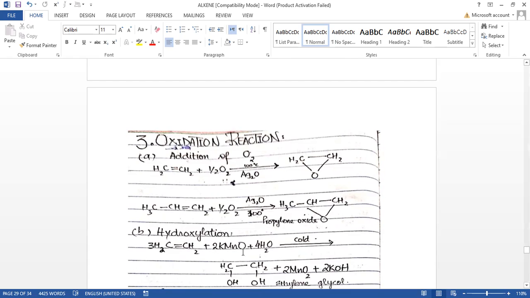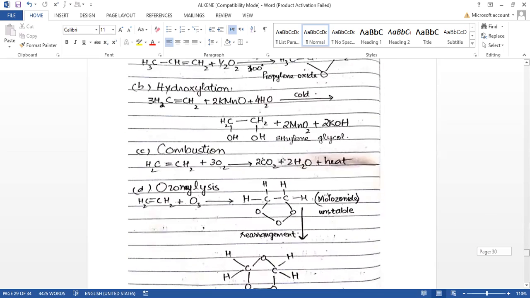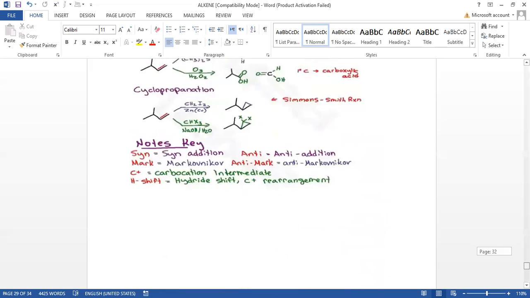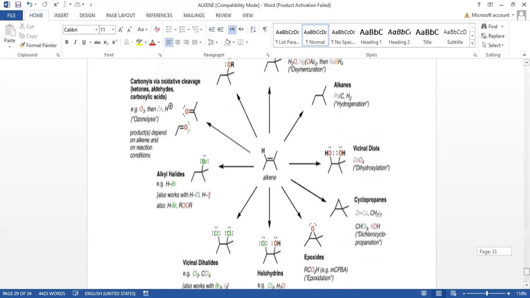In hydroxylation, hot KMnO4 is added and we get glycol, meaning diol. Ozonolysis, in which there's a rearrangement and we get ozonide. These are the summary of these reactions.